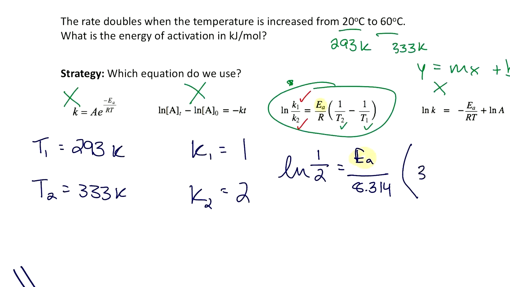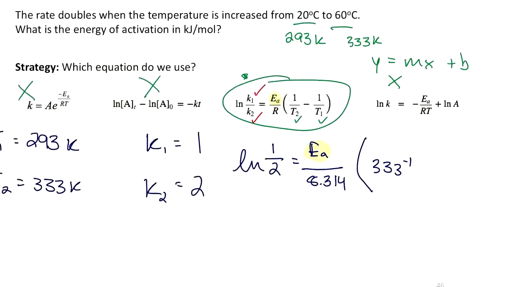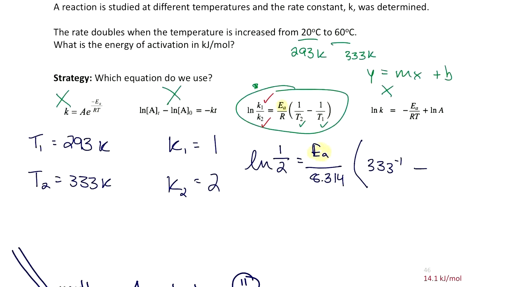It's the 333. So 333 to the -1 minus 293 to the -1. So do be careful of those variables, because if you swap these two, you'll get a wrong activation energy. All right.